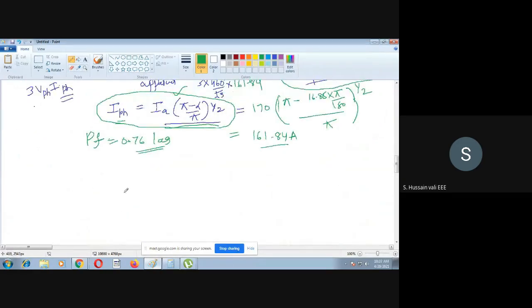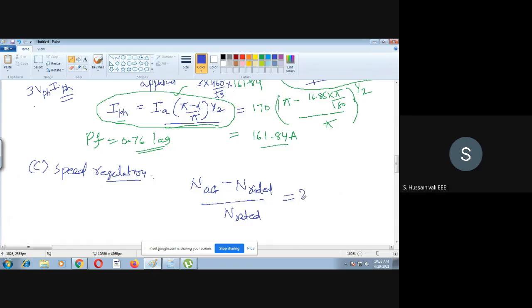Speed regulation is something like the percentage error in the speed: n actual minus n rated, divided by n rated, and you multiply with 100 if you want. Whatever answer you get, that's called the speed regulation.